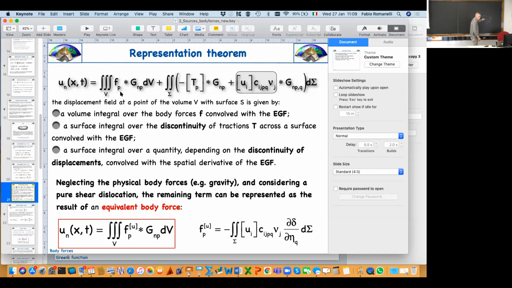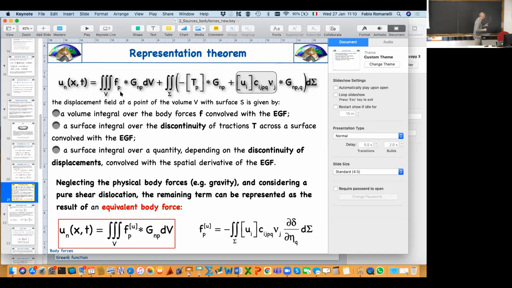Should we include gravity here? Well, if we would study fluid dynamics, the answer would be yes. But we're studying seismic waves. And gravity is acting on the Earth, but it's balanced in the equilibrium.